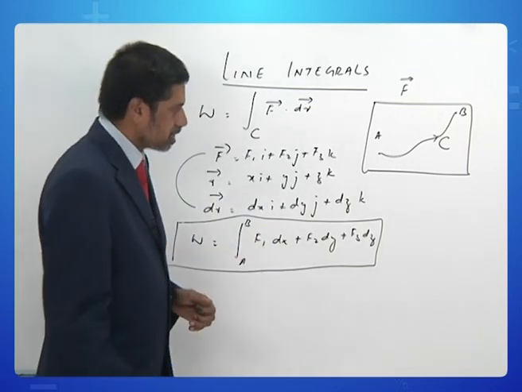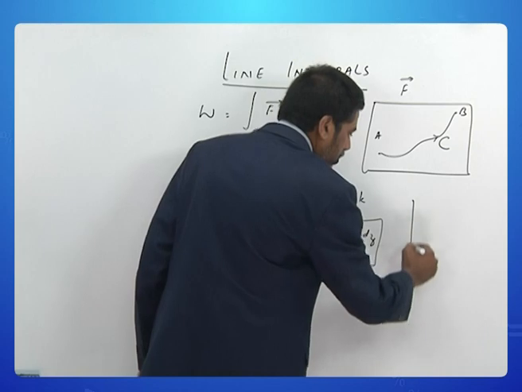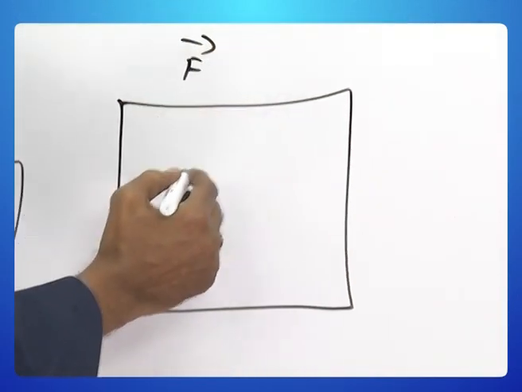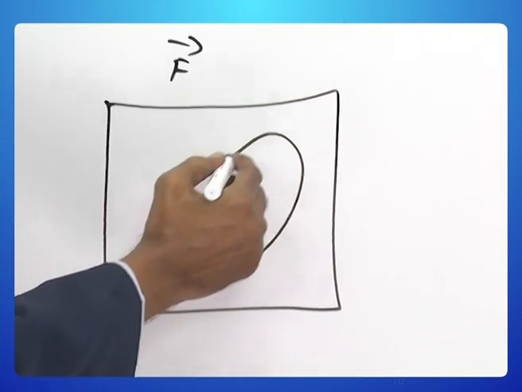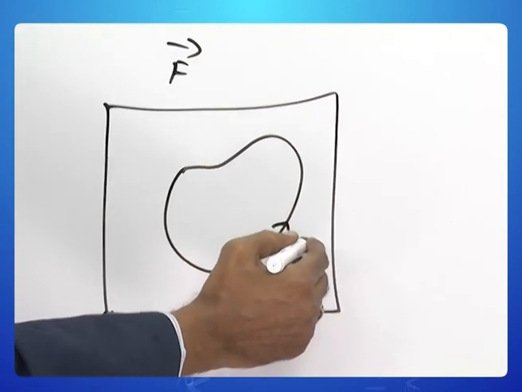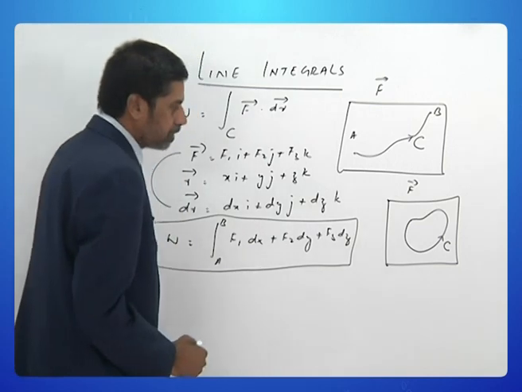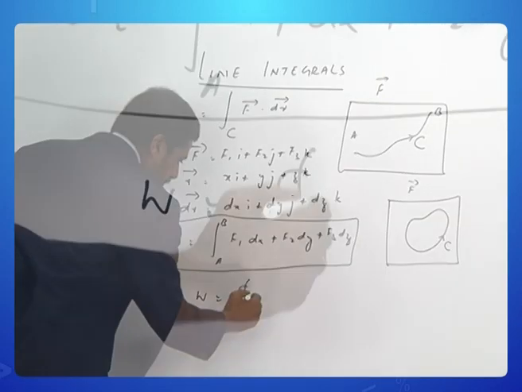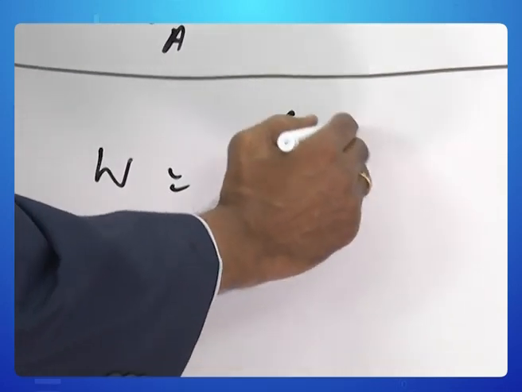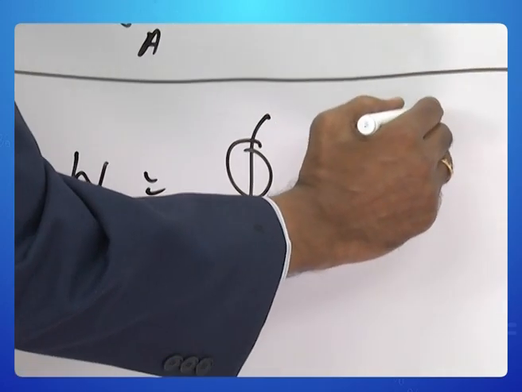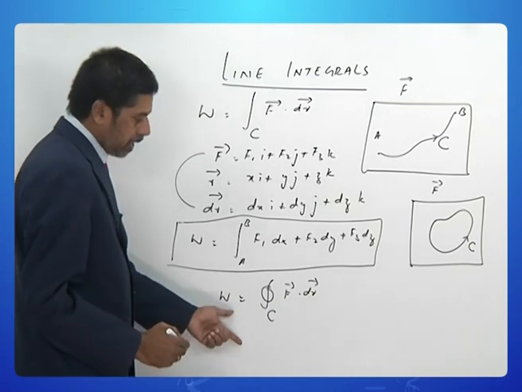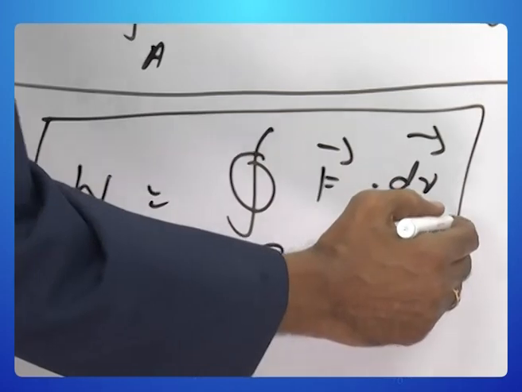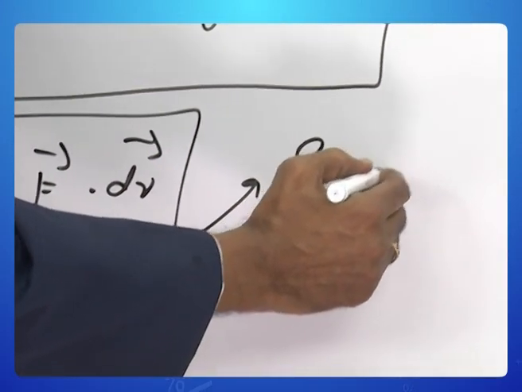Now, in the other case, when the curve closes itself like that, then we introduce a notation closed line integral f dot dr, and this is called the circulation of the field.